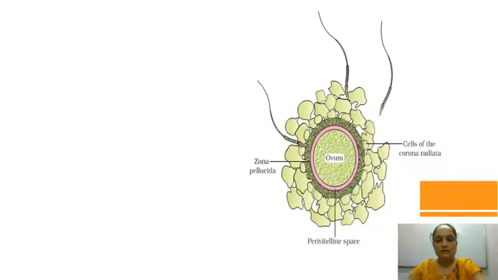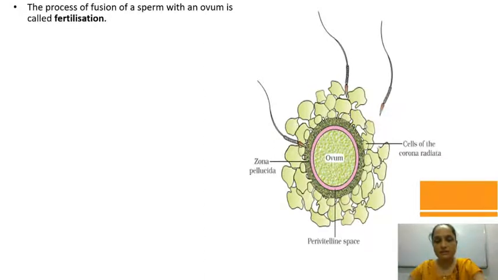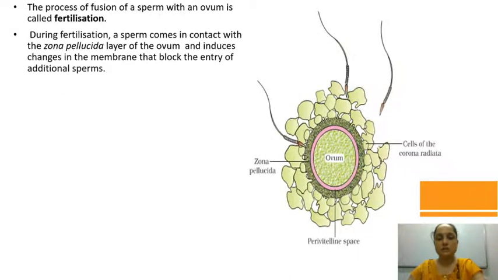Next, in this picture you are able to see the ovum, and in the peripheral area there are a number of sperms trying to fertilize the ovum. But among these sperms, only one is going to fertilize this ovum. The process of fusion of sperm with an ovum is called fertilization. During fertilization, the sperm comes in contact with the zona pellucida, the outer layer of the ovum.